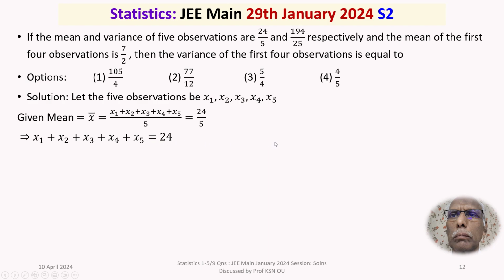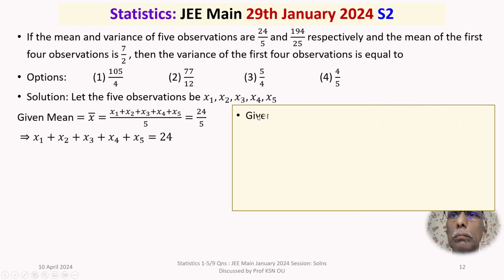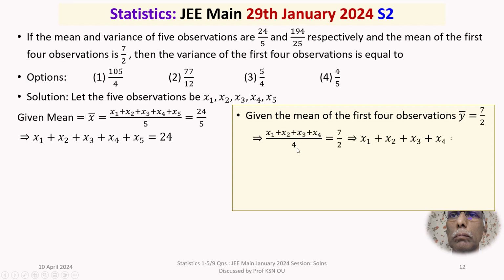Okay. It is now given the mean of the first 4 observations is 7 by 2. So let us say y bar is equal to 7 by 2. What is this? x1 plus x2 plus x3 plus x4 by 4, the mean of 4 observations, is equal to 7 by 2.